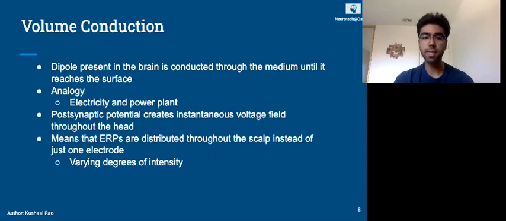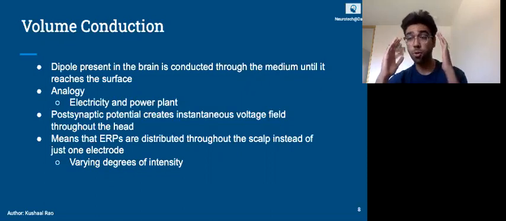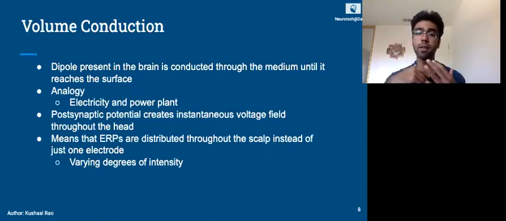So this means that the ERPs are distributed throughout the scalp instead of just one electrode. When you have 64 electrodes on your head and all these ERP components being generated, it's not like one electrode picks up one kind of component. It's more like something is generated in your head and it spreads out through the entire medium, which is your brain, through the principle of volume conduction.